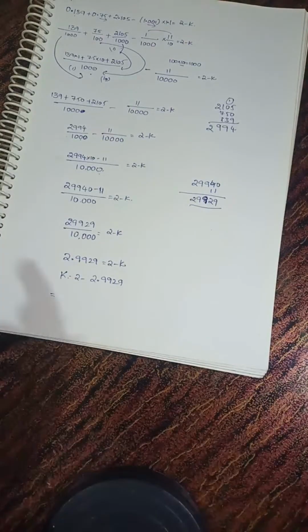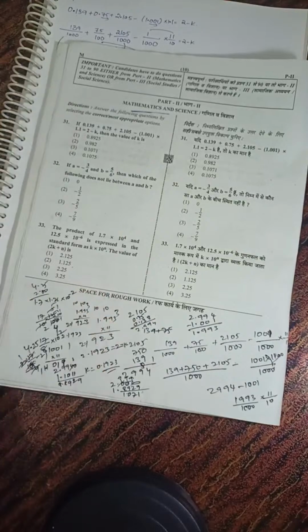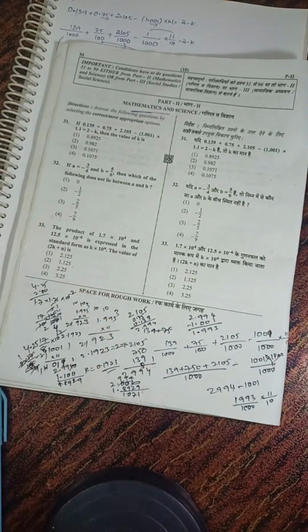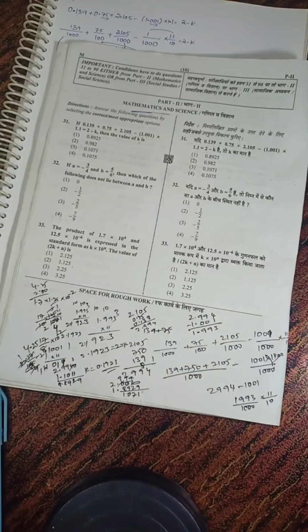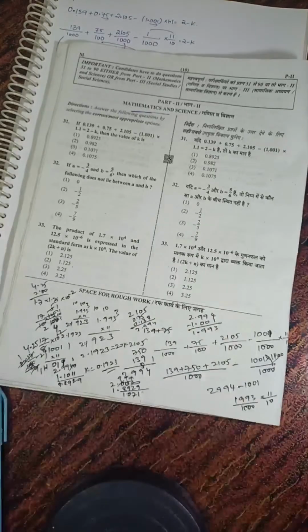So how much are you going to get as the answer? Anyone please guess the answer. So here we are having 4 options. First one is 0.8925, second one is 0.982, third answer is 0.1071, and the fourth answer we are getting as 0.105. So can anyone guess the answer?